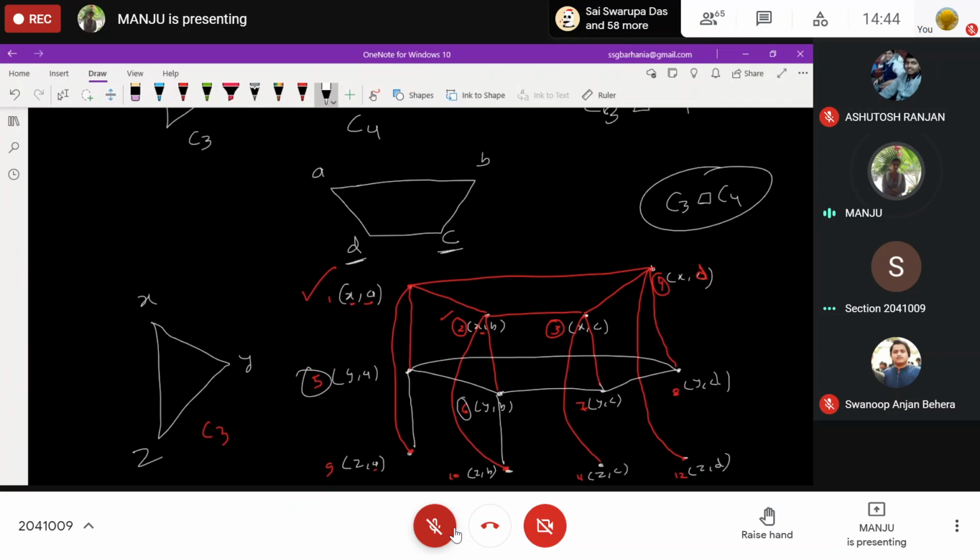Right. 7 to 9, no. To 10, no. To 11, yes, sir. 7 is done. Now pick 8th. 8th is adjacent to 9, no. 10, no. 11, no. To 12, yes, sir. So 8th is done. Right. Pick 9. 9 is adjacent to 10 or not?